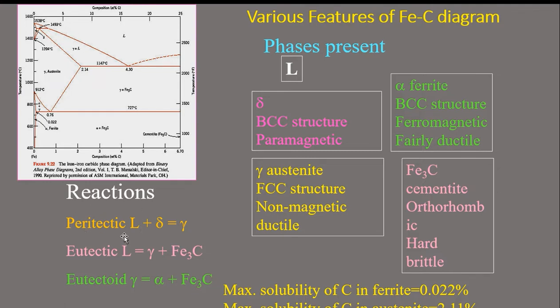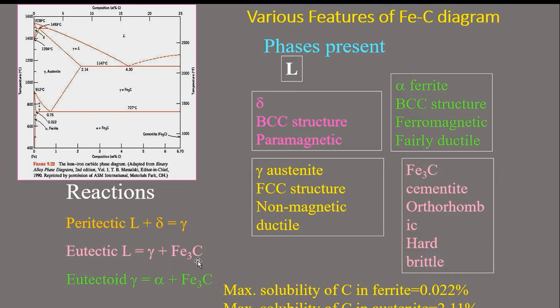So there are reactions. So at the peritectic state, right, you have liquid plus delta, it converts to gamma. Then eutectic, you know, eutectic means it starts with liquid and turns into solid.